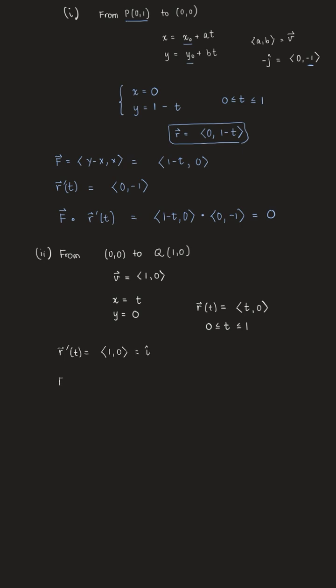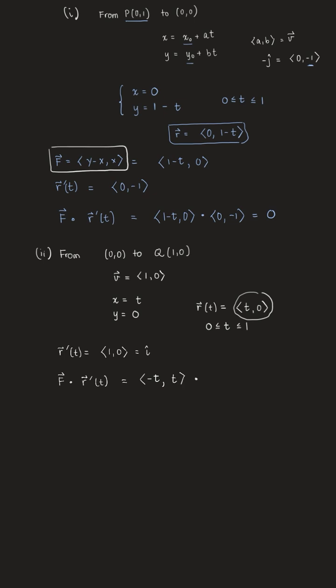Now we need our dot product between our vector field and our velocity function. I have to write the vector field in terms of t, but it was y minus x, x. So y minus x will give me a negative t for the first component, and x, the second component of my vector field, is just t.